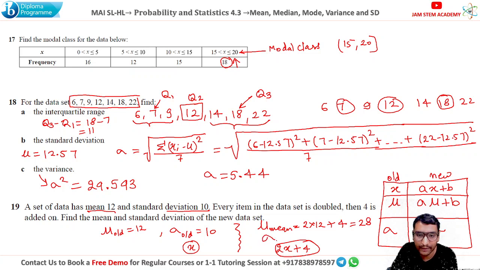And the new data set will have a standard deviation 2 times the old, meaning 20. That's it. In this way you can find the mean or the standard deviation if there is a linear change in the expression.